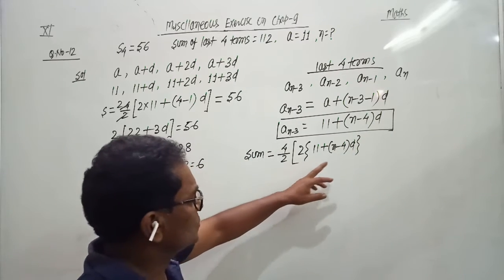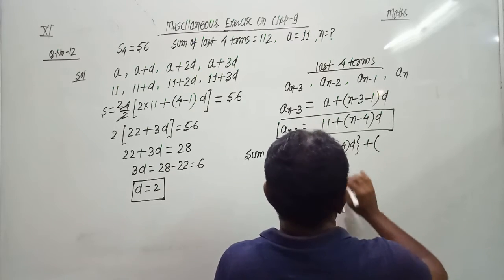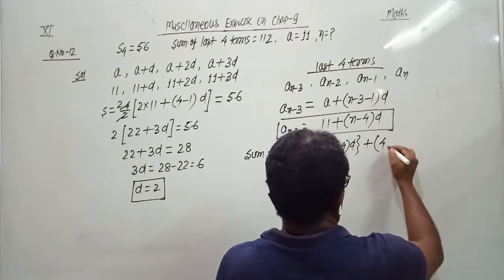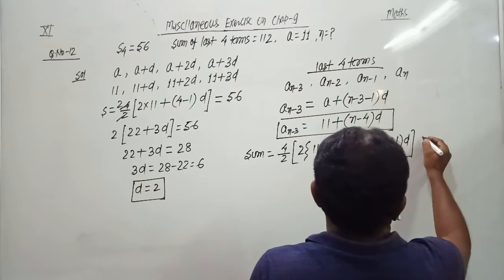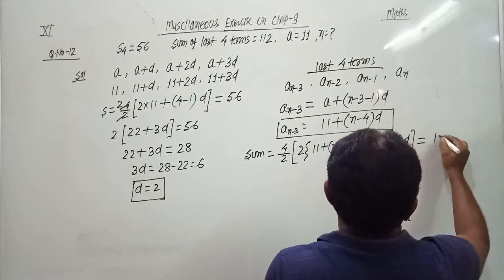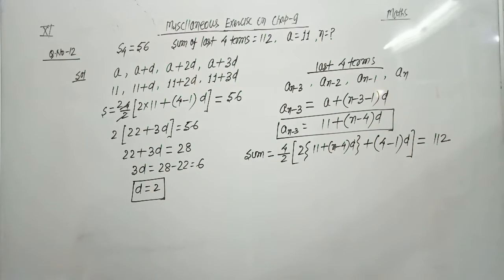So n by 2 into 2a plus n minus 1, n meaning 4 minus 1, into d. And this sum is given as 112. We have given that the sum of last 4 terms is 112.